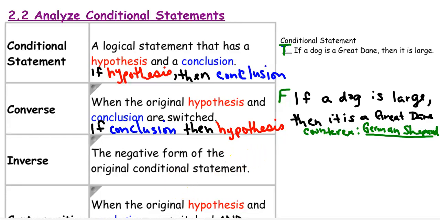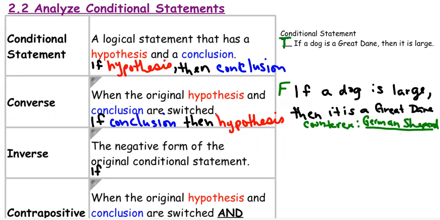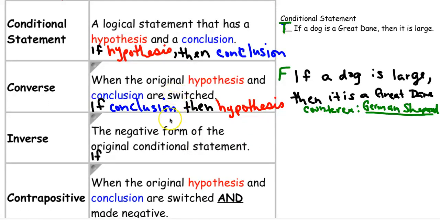Now, the second type of variation on our original conditional statement is the inverse. The inverse is the negative form of the conditional statement. So in this one, we are not going to change the order like we did with the converse. We're actually going to say, if not hypothesis, then not conclusion.